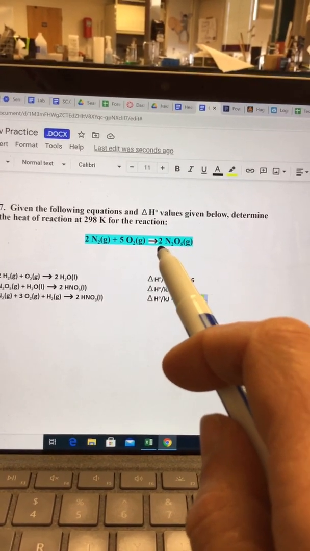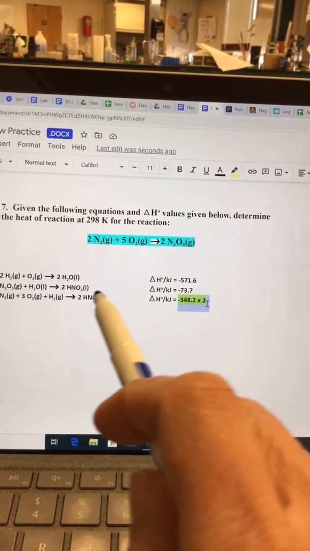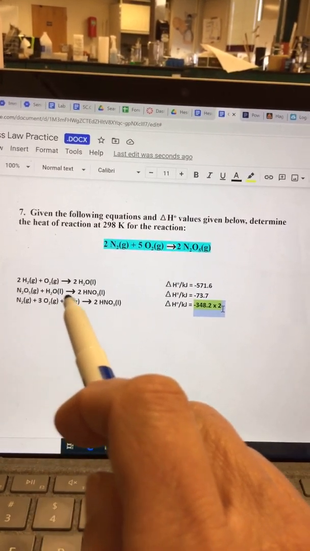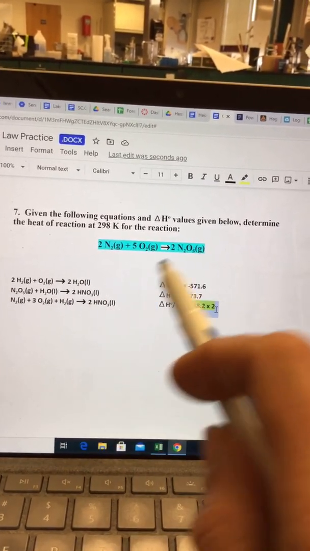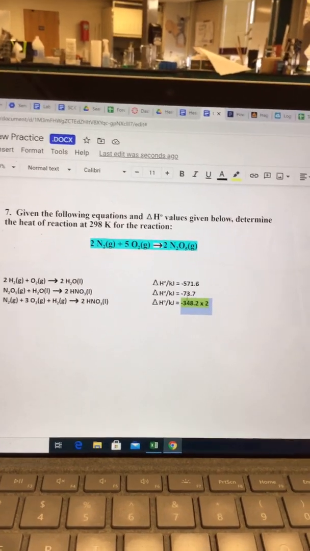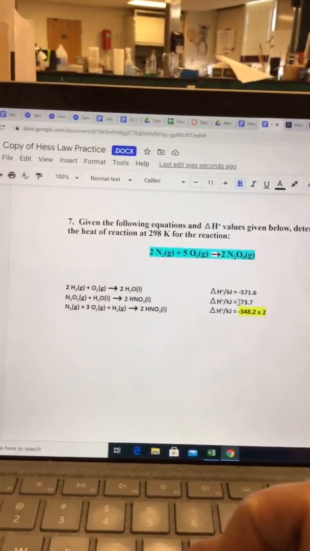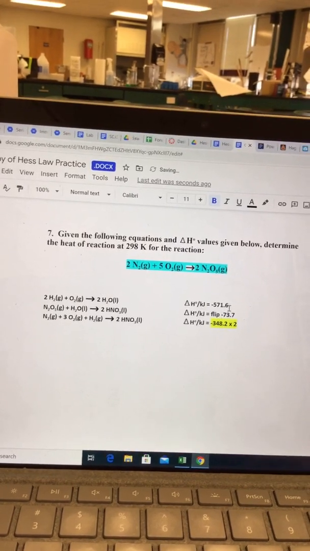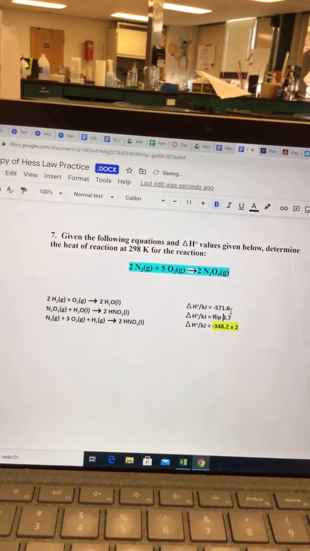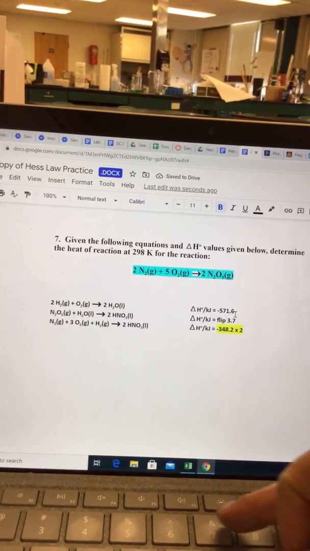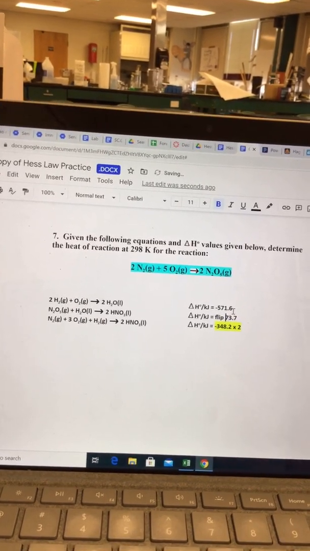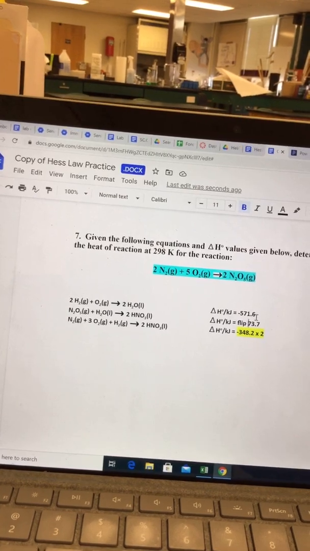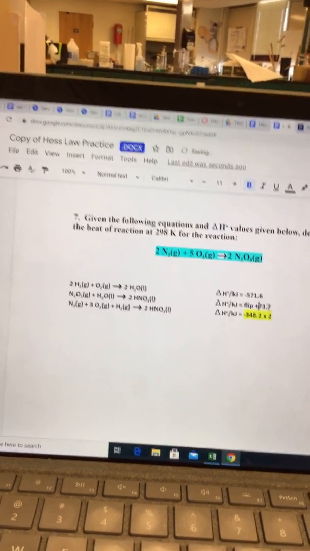So the next thing I want to look for is 2 of these N2O5s. Oh, look, equation 2 has the N2O5s. They're not on the right side of the arrow. So that means I have to come up here and write that I am going to flip equation 2. When I flip it, that was a negative, so I'm going to turn it to a positive 73.7.